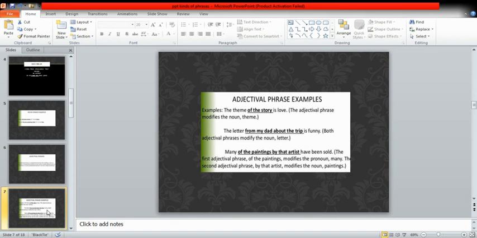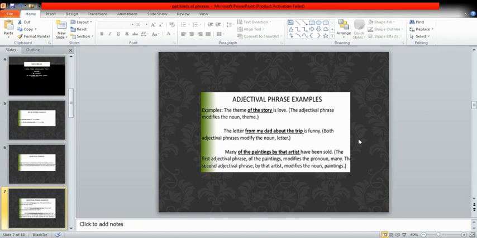Many of the paintings by that artist have been sold. One more thing I have to tell, the last example is a little tricky. You must listen to me very carefully. If only of the paintings is underlined, it means that it will be modifying the pronoun, which is many.